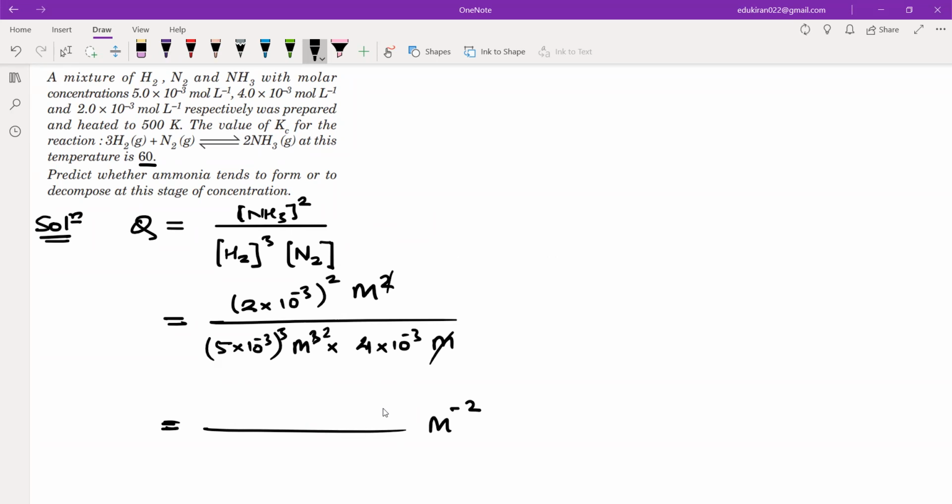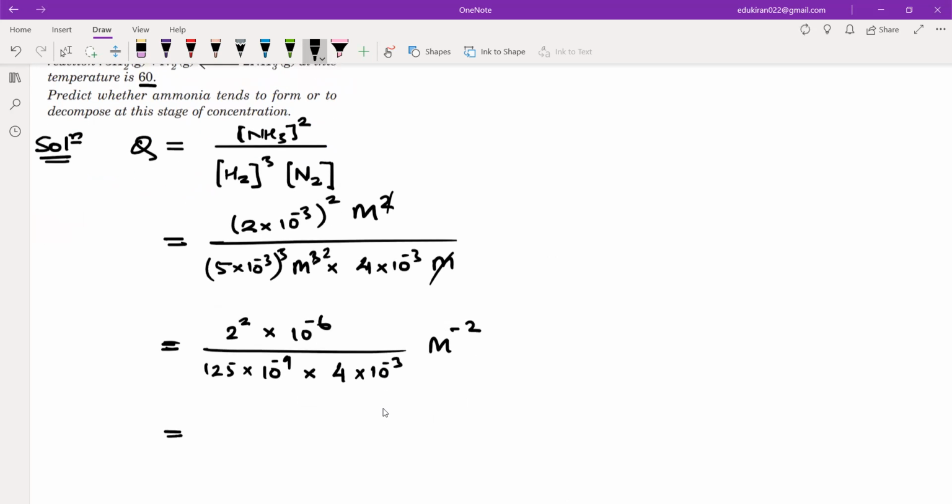Okay, fine. Now here we have 2 square into 10 to the power minus 6, divided by 5 cubed: 5 5s are 25, 25 5s are 125, into 10 to the power minus 9 into 4 into 10 to the power minus 3.